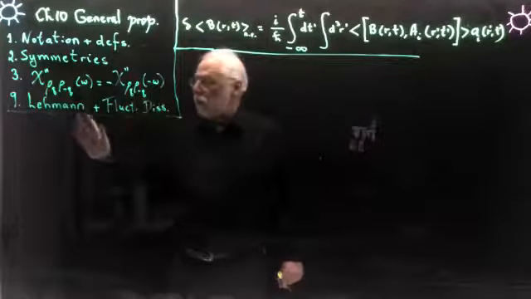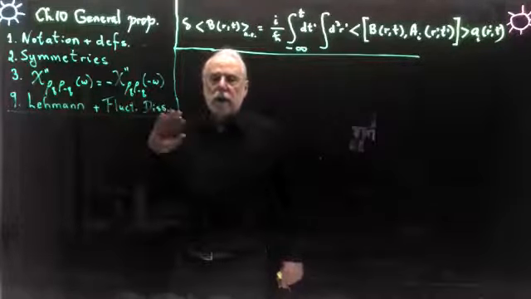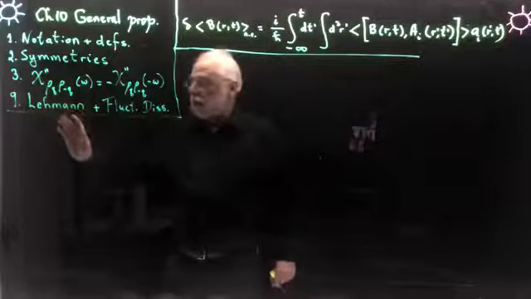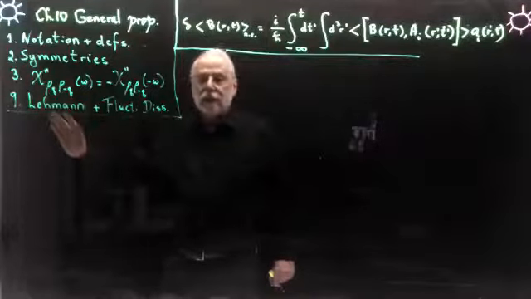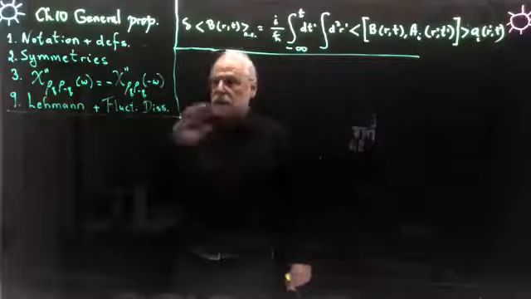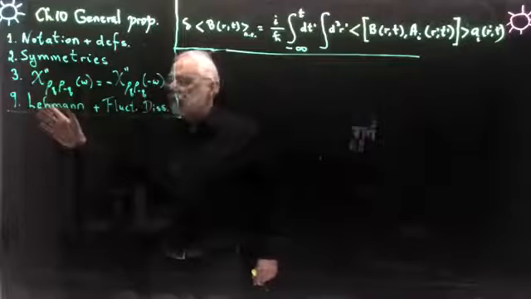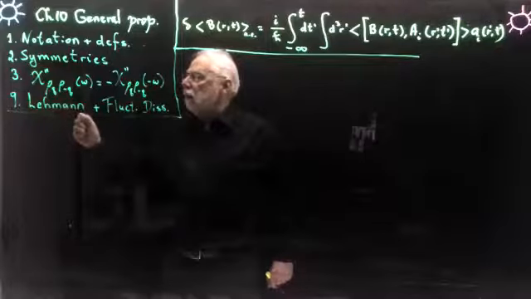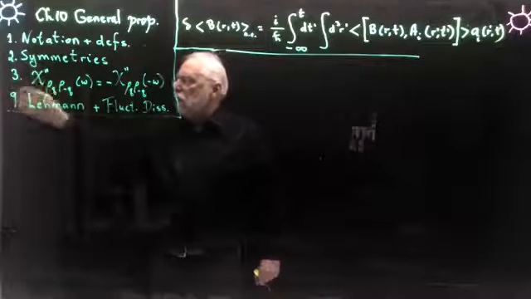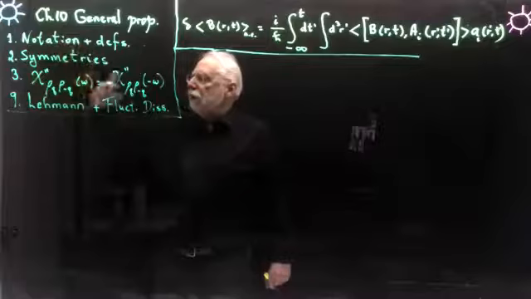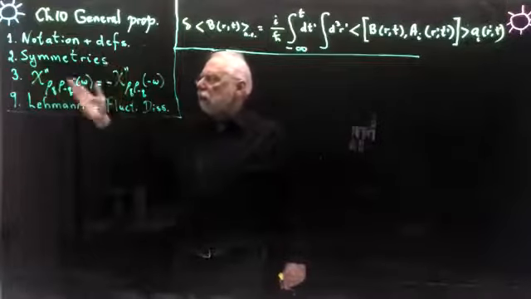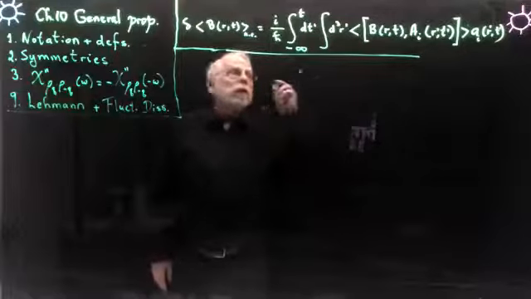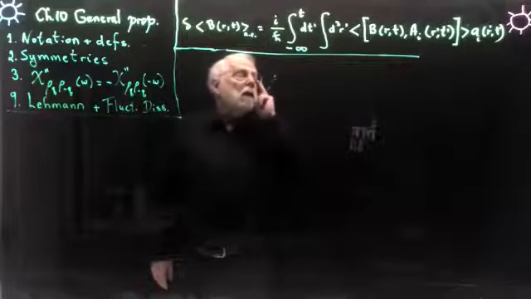Like, for example, to show the relation between the retarded function and functions defined on the imaginary frequency axis, so-called Matsubara functions that we will describe later. This is a very efficient way of doing this. There are many symmetry properties that I show in the notes, but you can always go back to them. So first, some notation.